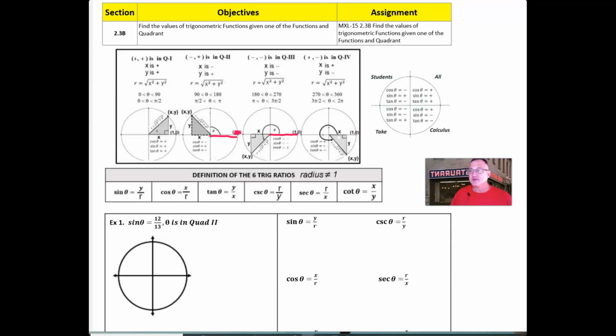It all depends on the problem. They're not necessarily 1. When the radius is not 1, to get your trig ratios, you have to divide by r. So instead of it just being the y-coordinate, it's the y-coordinate divided by r. The cosine is the x-coordinate divided by r, etc.